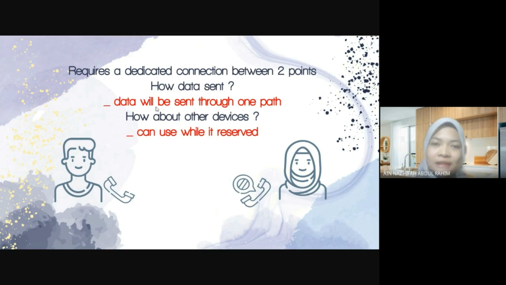During this time, we reserve that line, so there are no other devices that can use that path to send any information. This leads to bandwidth wastage, which is one of the disadvantages of circuit switching.